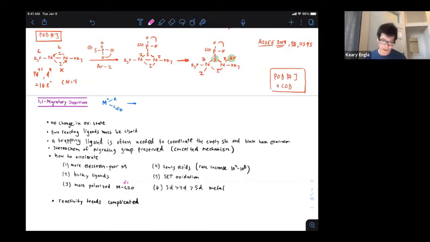The common features that both of these share is that there's no change in the oxidation state, that the two ligands, again, must be cisoid, and that upon migratory insertion, a new coordination site is opened up on the metal that normally needs to be trapped with an incoming ligand for the reaction to be thermodynamically favored.